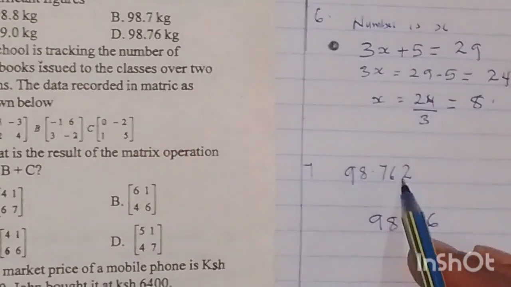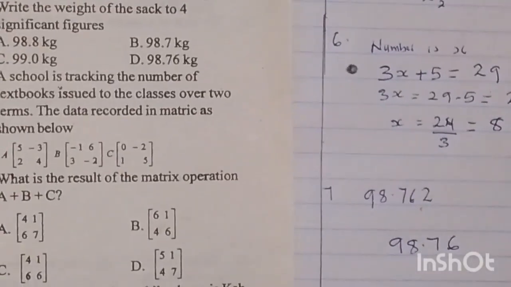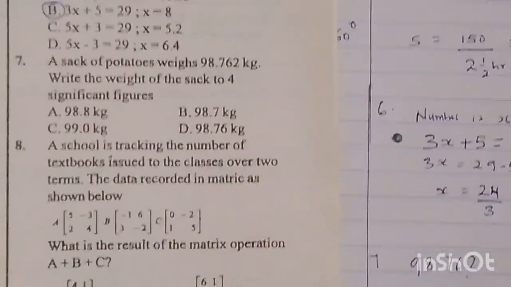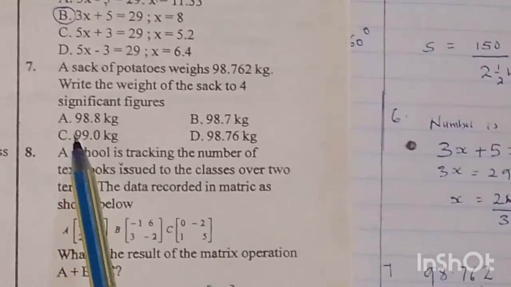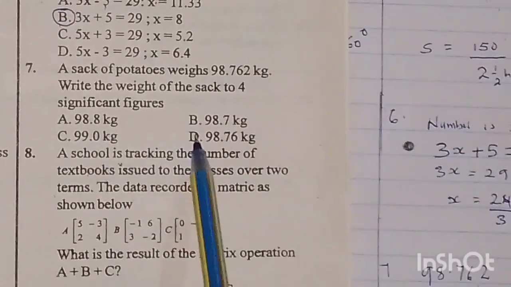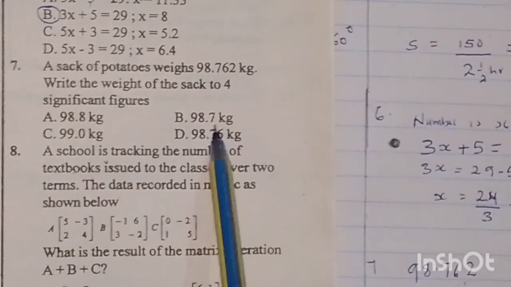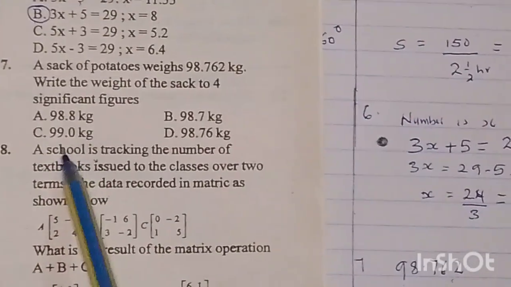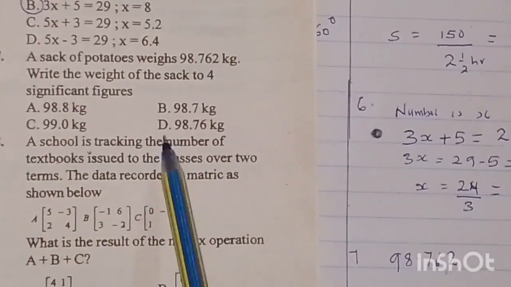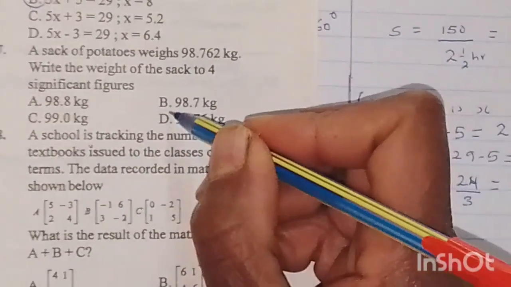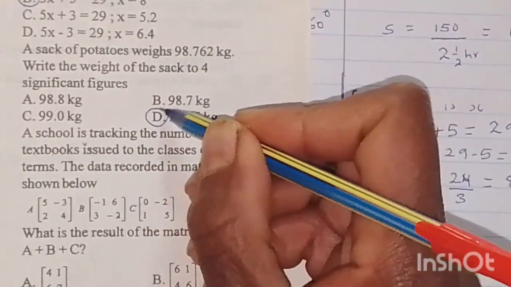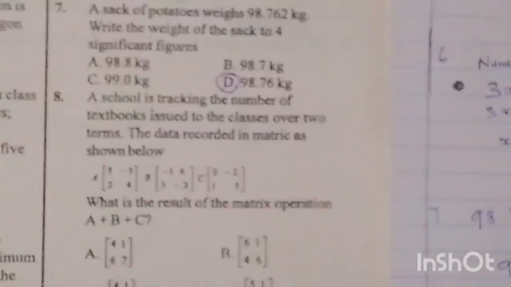The 2 would be the fifth significant figure, which means we forget about it and just put 76 only, 0.76. Now from the answers, A is wrong, 98.8. B is also wrong, 98.7. C is wrong, 99.0. But D is correct, it is 98.76. And we're circling D as the correct answer.